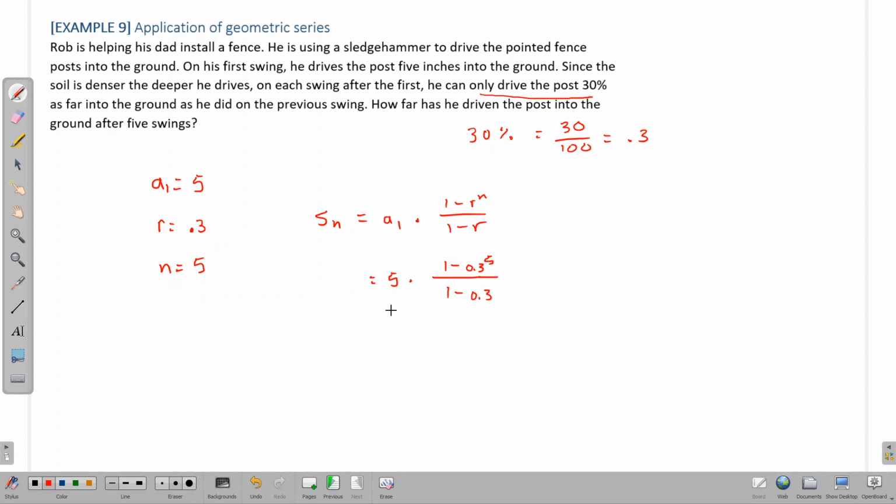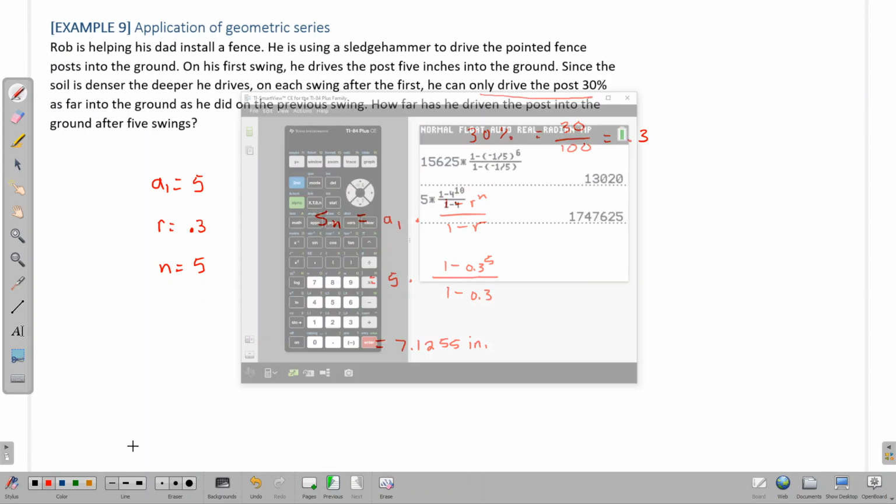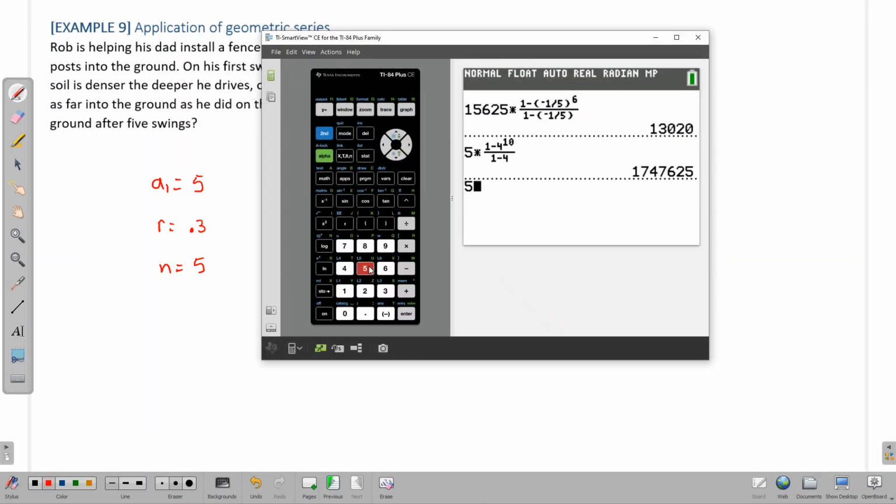And you enter that in the calculator, so I'm hesitant to use my notes here. We'll test it, I guess, but my notes say this, 7.1255 inches. Let's double check that on the calculator. Try that again.